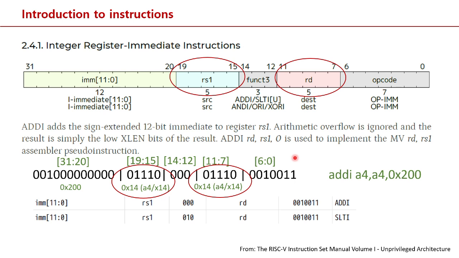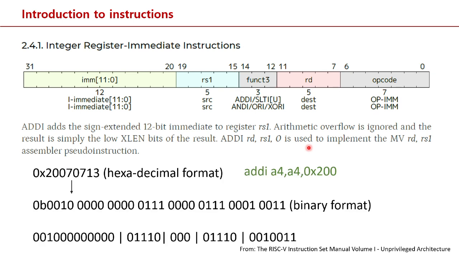In summary, any machine code has several different fields with different meanings. That information can be identified in the RISC-V reference manual, and you learned how to interpret each bit position into human readable format.